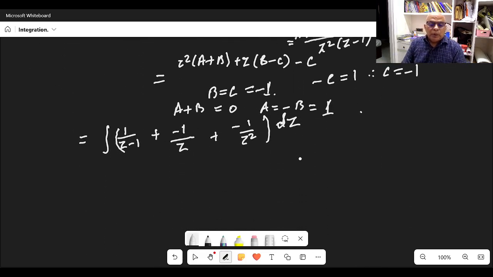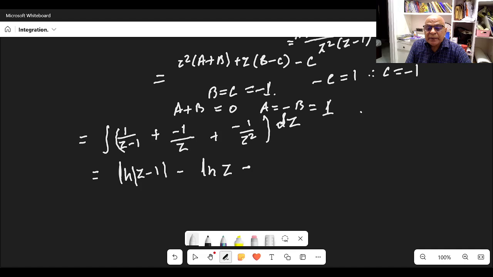So now integrate it. When you integrate 1 by (z minus 1), this becomes natural log of the absolute value of (z minus 1). And then minus 1 by z, when you integrate, it becomes ln z.